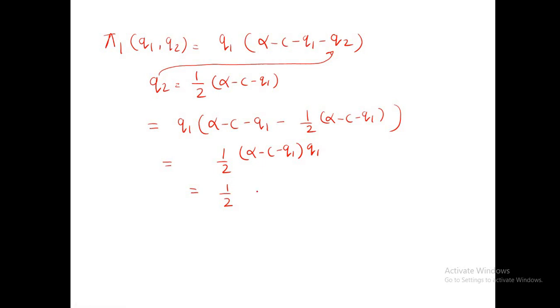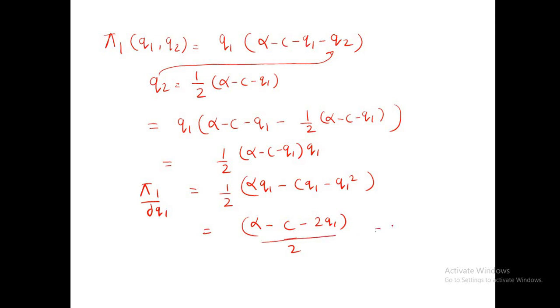Okay, we open this bracket and we will get alpha Q1 minus C Q1 minus Q1 square. And we will take the derivative of it with respect to Q1, and what we will get here? We will get (alpha minus C minus 2Q1) by 2 equal to 0.